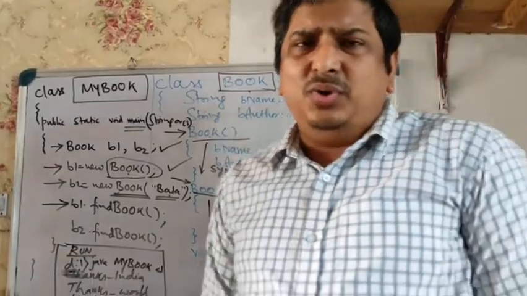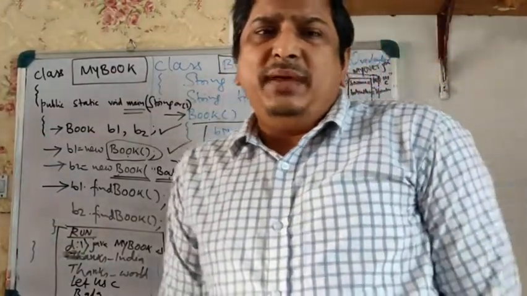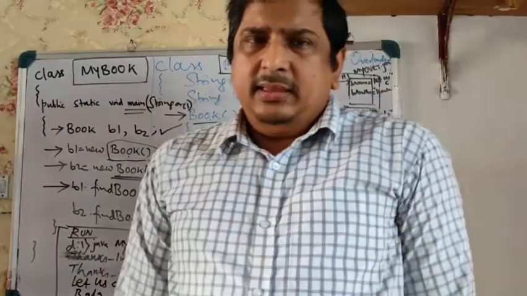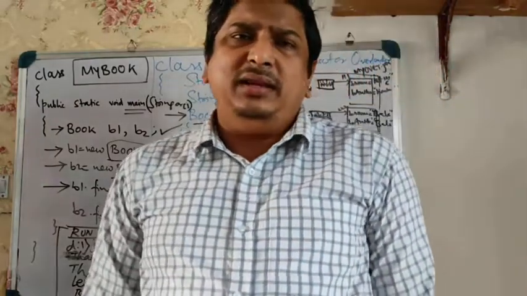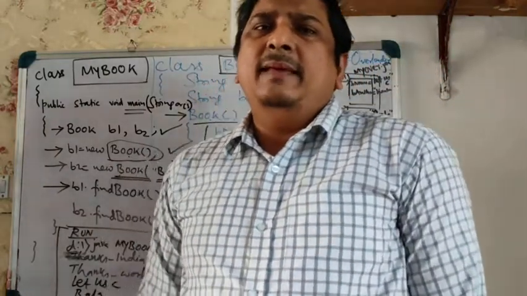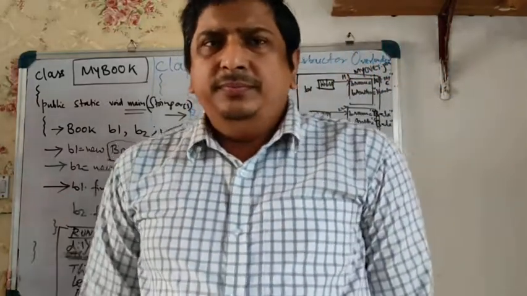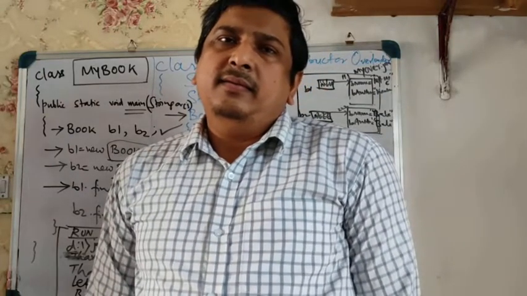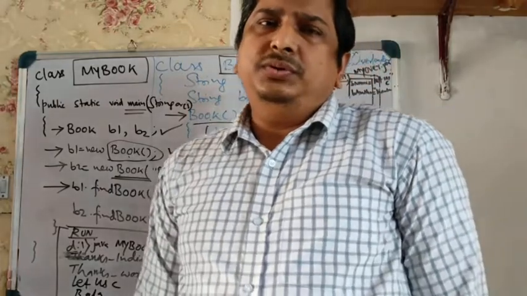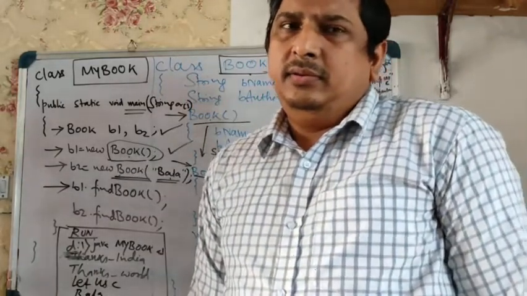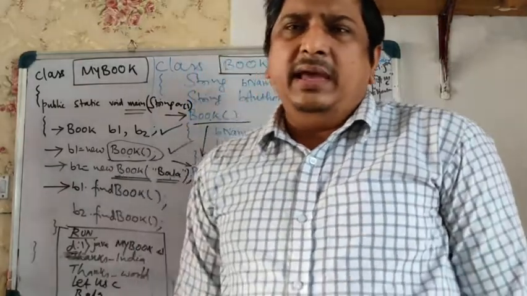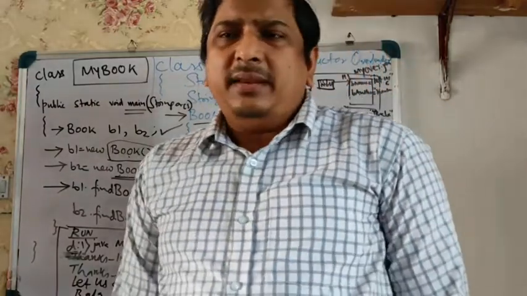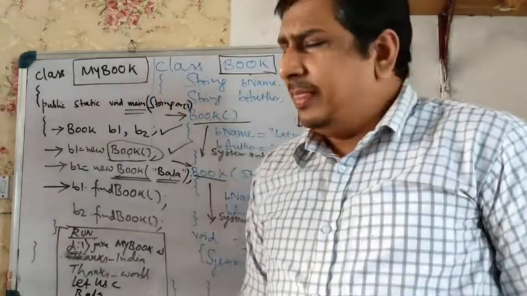You can also write one more line: there may be more than one constructor in a class, but you should define them in a way that each of them can be identified uniquely.